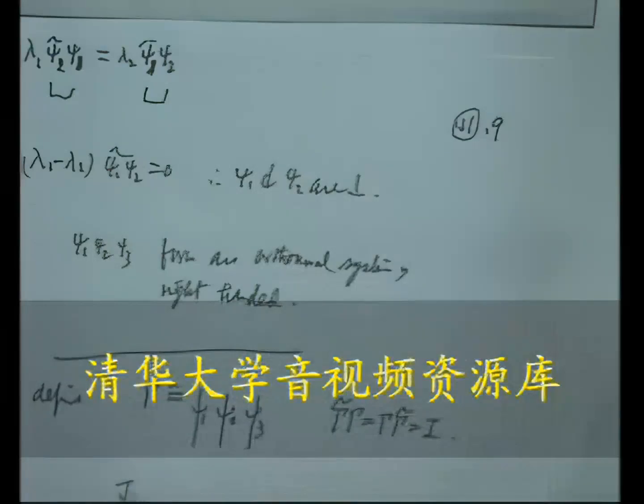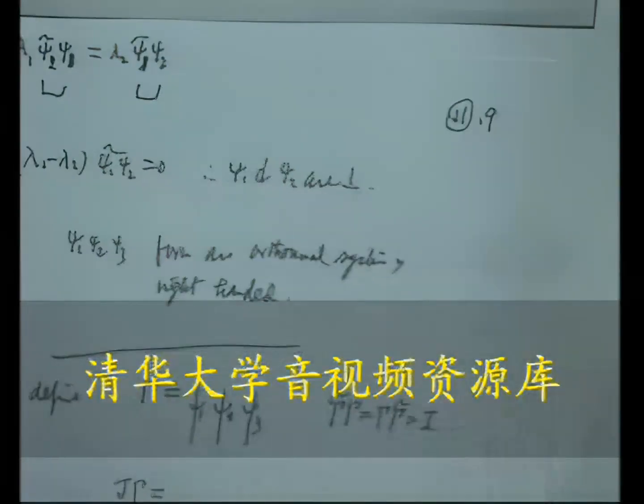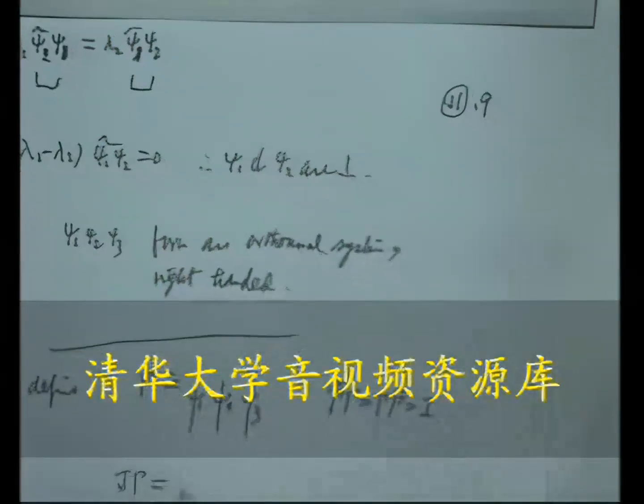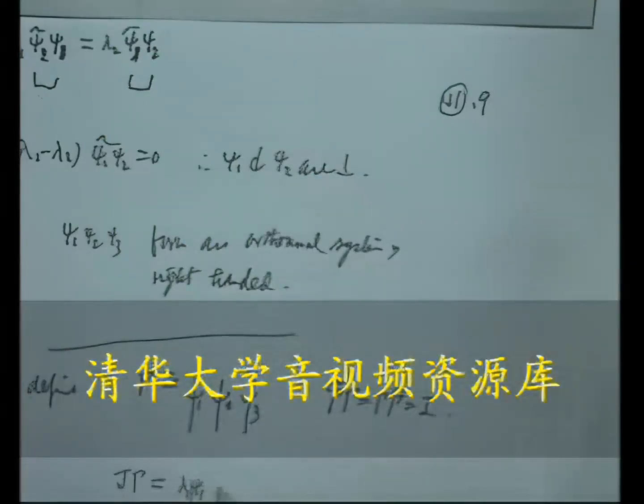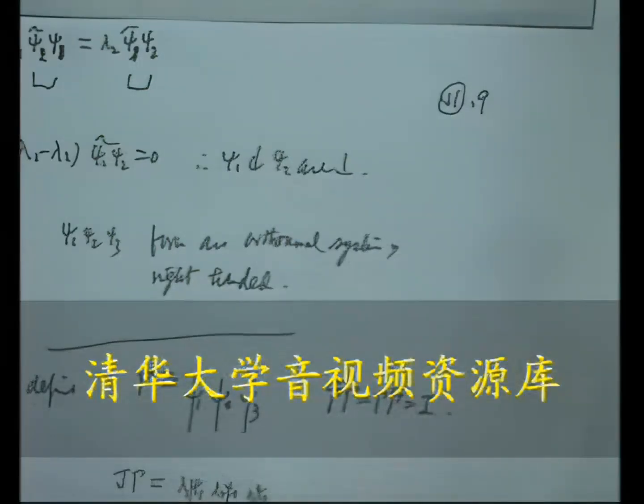By definition, J gamma is equal to lambda 1 psi 1, the first column, lambda 2 psi 2, lambda 3 psi 3.